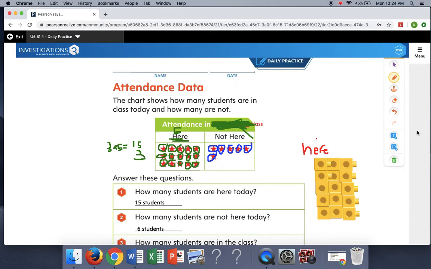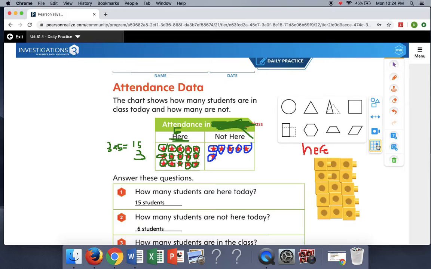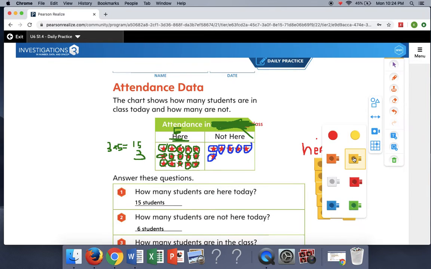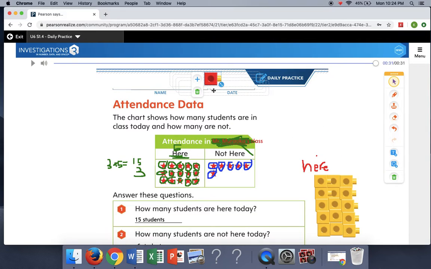Now, I'm going to add the students who are not here. So I'm going to use the red block, and I'm going to count.